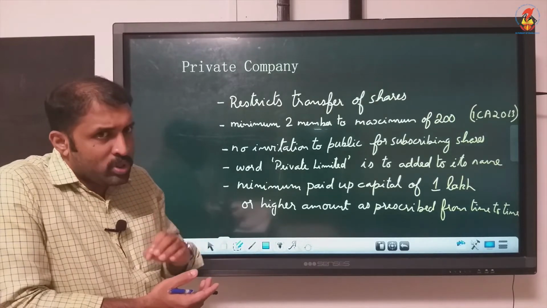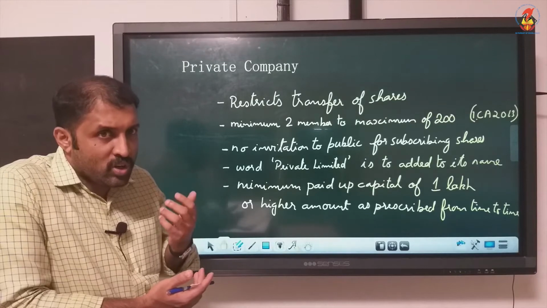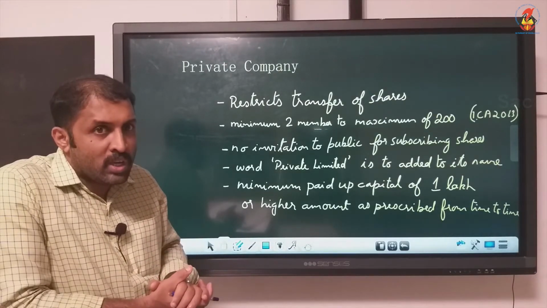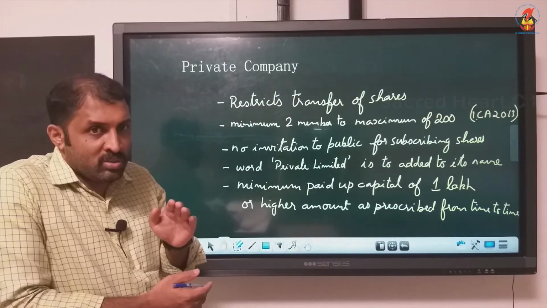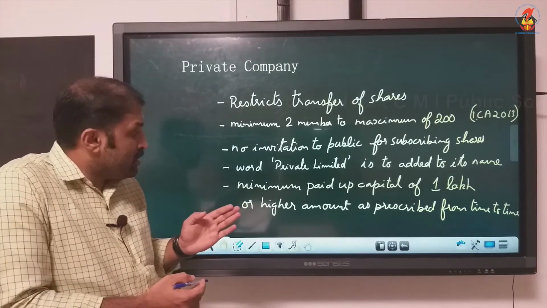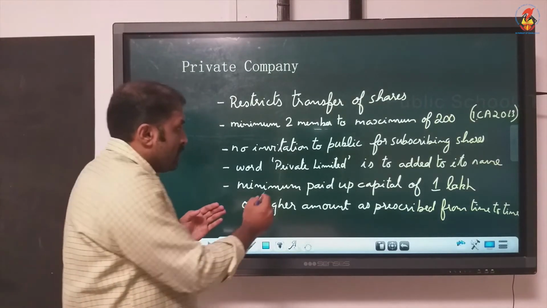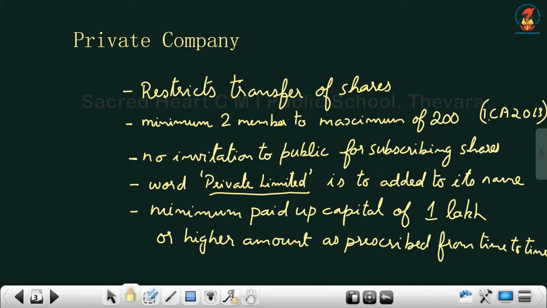One more thing you have to understand is that whenever a private company is started, compulsorily it must have an addition to the name. The words private limited must be added at the end of its name.